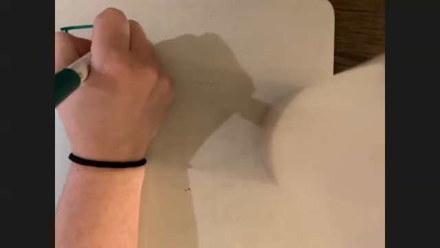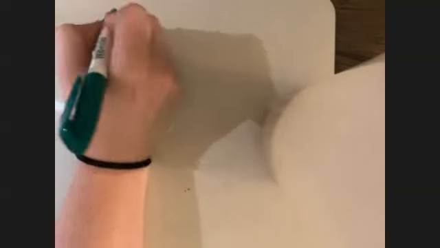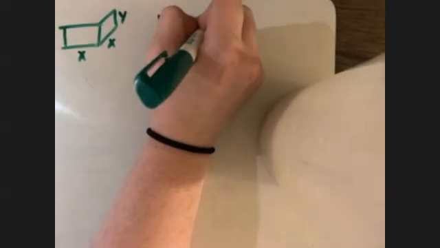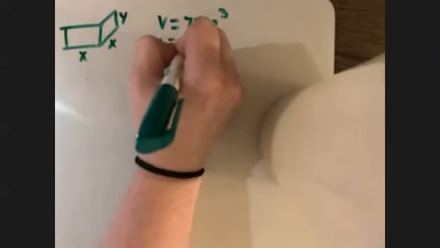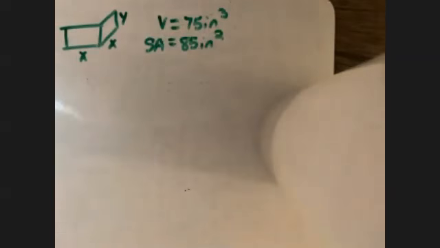It has a square base and a height of y. They tell us that the volume of the box is 75 inches cubed and the surface area is 85 square inches. They want us to find the dimensions of the box.